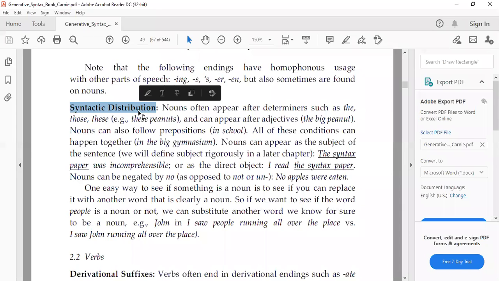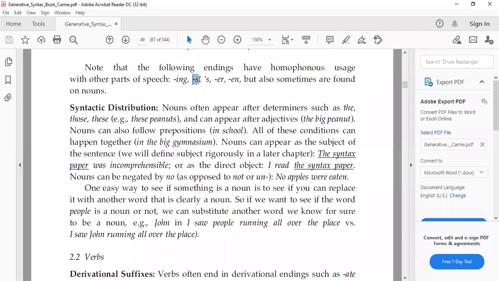But if it is after the verb to be, like the boy is playing, the boy is reading, then reading is a verb. Or if we say the cat is dancing, dancing is a verb. If we say the dancing cat, then dancing is an adjective here. So what determines its part of speech in this case is its syntactic distribution, its position in the sentence.